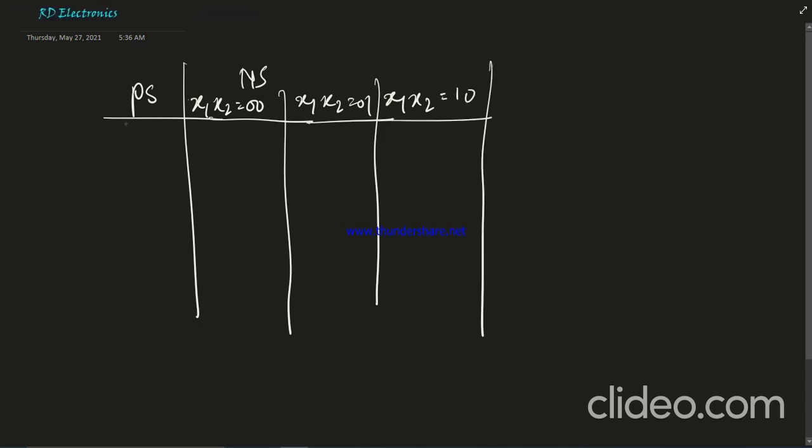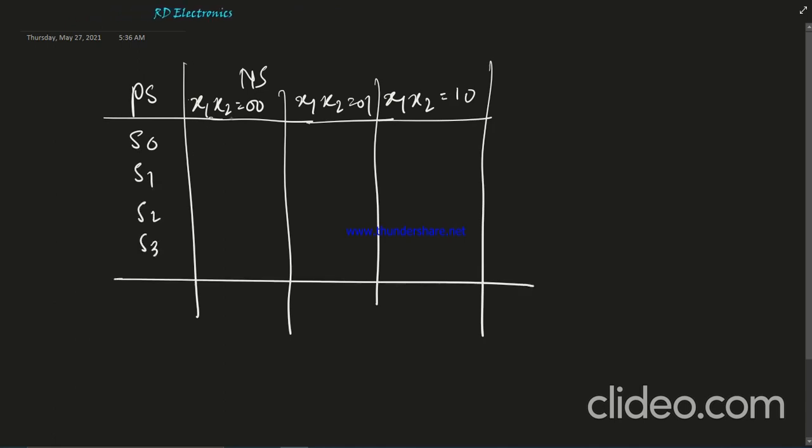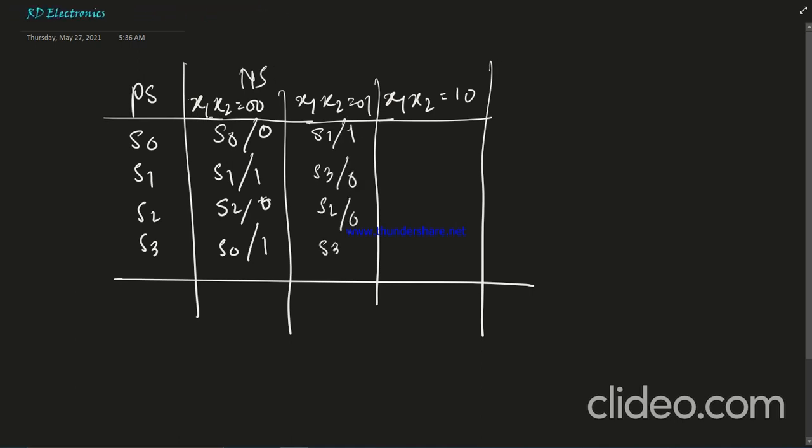The present states are S0, S1, S2 and S3. For the first row, the next states are S0, S1, S2, S0, and the corresponding outputs are 0 1 0 1. This is a Moore type sequential circuit. The next columns are S1, S3, S2, S3 with their outputs, and S3, S0, S0, S2, and the outputs are 0 1 1 0.